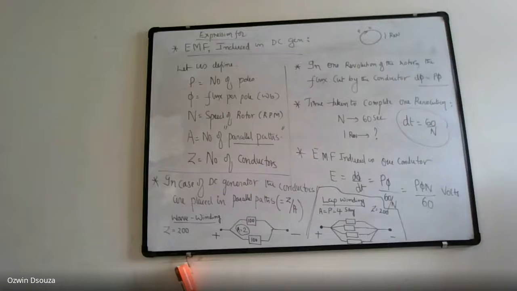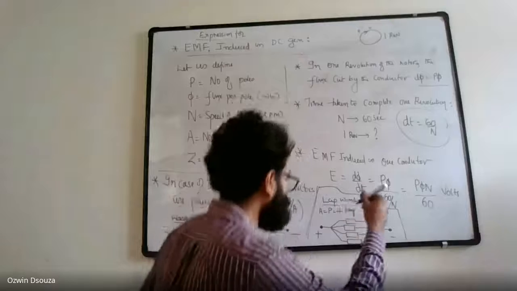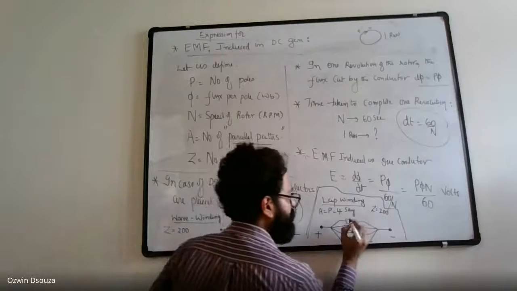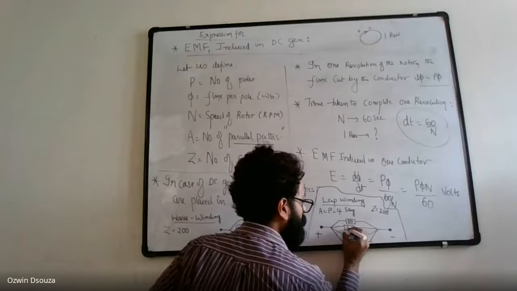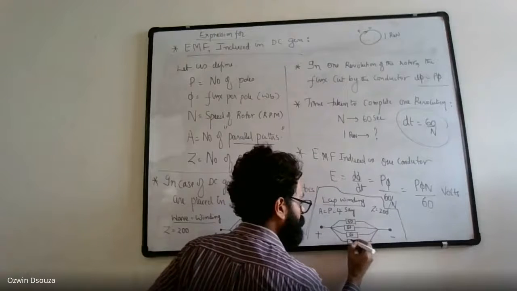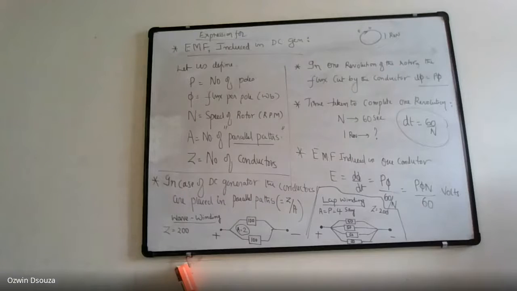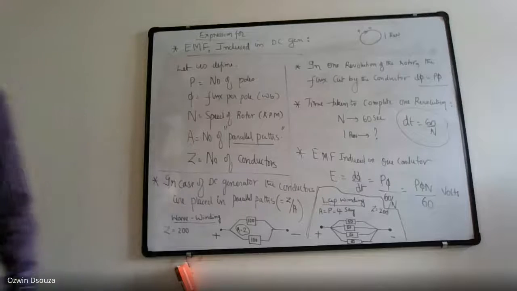How many conductors in each parallel path will you get? You will get about 50 conductors. So in case of lap winding, the distribution of conductors would be 50 each in each of the parallel paths. Okay, this is the understanding.